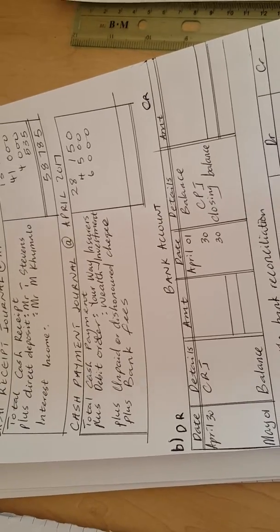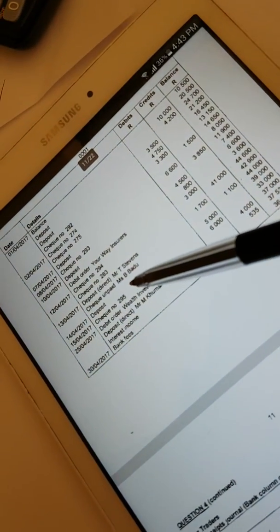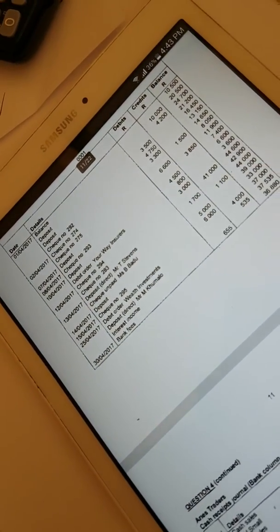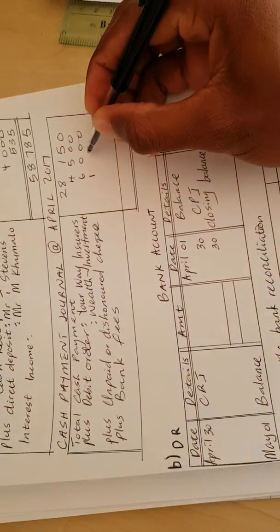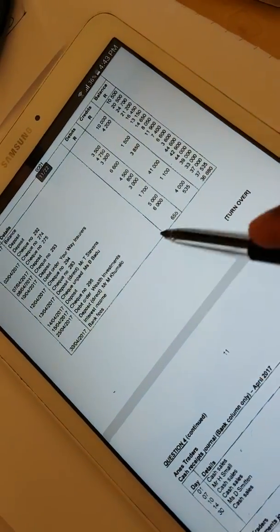So we also add the dishonored check or unpaid check. So how much is our unpaid check? Unpaid check to Miss B Badu is 1,700. We also add 1,700. And then lastly, we have the bank fees here of 655.